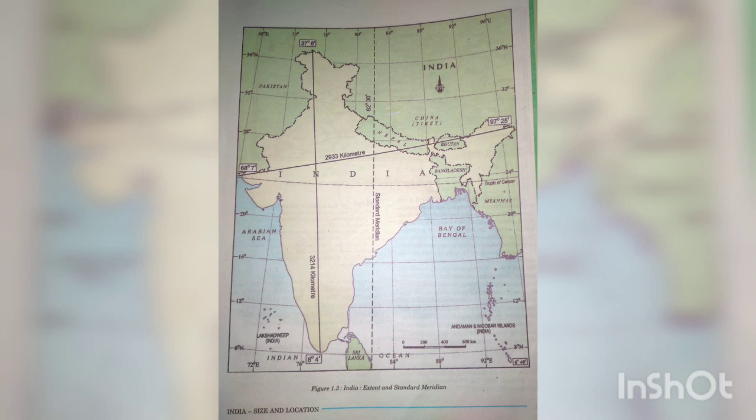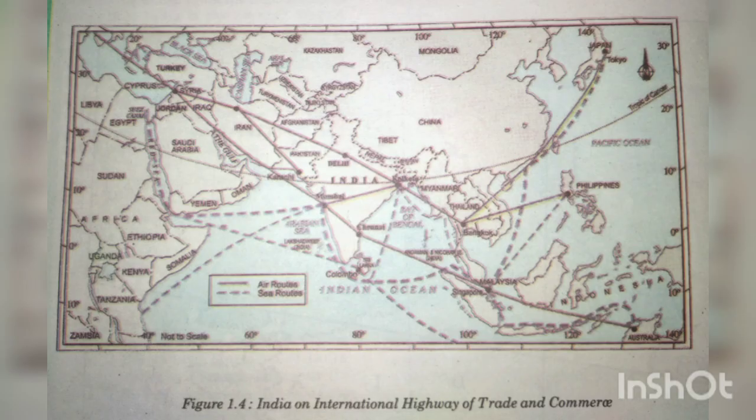In case of our country, the middle meridian is 82 and a half degree east. That is known as the standard meridian of India. And whatever time falls on that meridian is considered the time for the whole country.